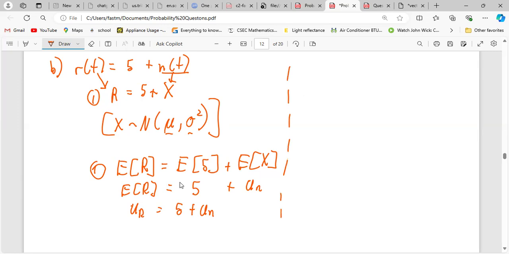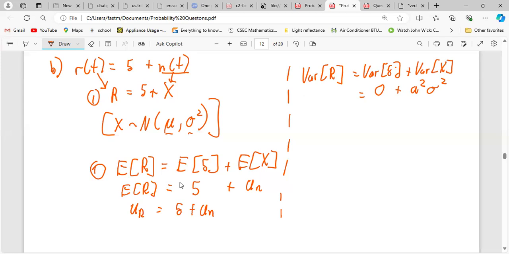The second thing we need is the variance of R. So that is the variance of 5 plus the variance of X, right? The variance of a constant is 0, and the variance of X here is just A squared sigma squared, right? That's just from the equation itself.